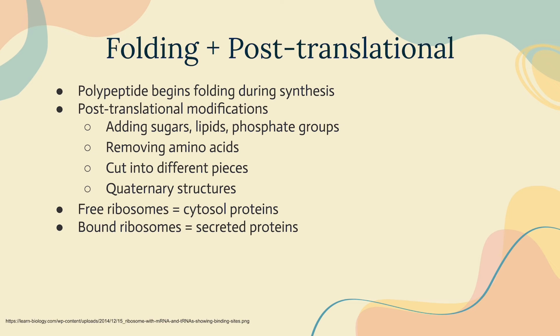You can remove amino acids. You can cut it into different pieces, which happens with a lot of hormones, and you can also make quaternary structures by combining multiple polypeptides. Generally, free ribosomes in the cytosol usually make proteins that stay in the cytosol, and bound ribosomes usually make proteins that are going to be secreted.